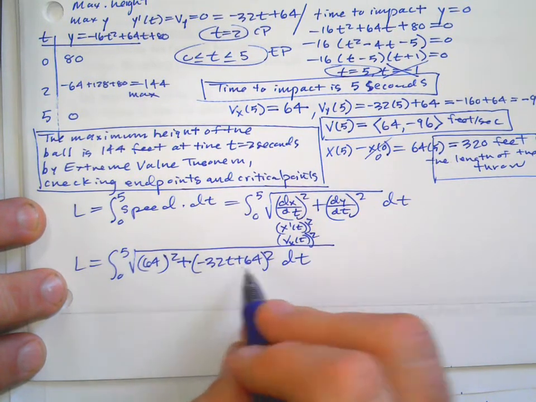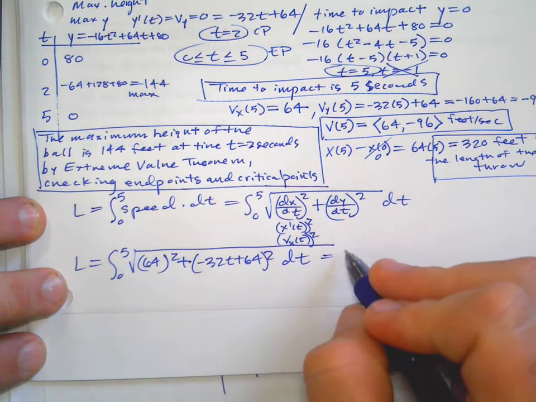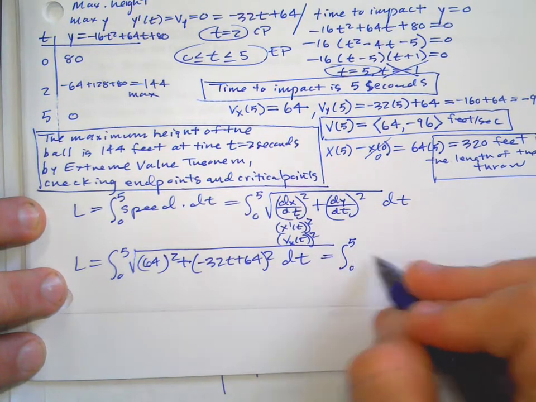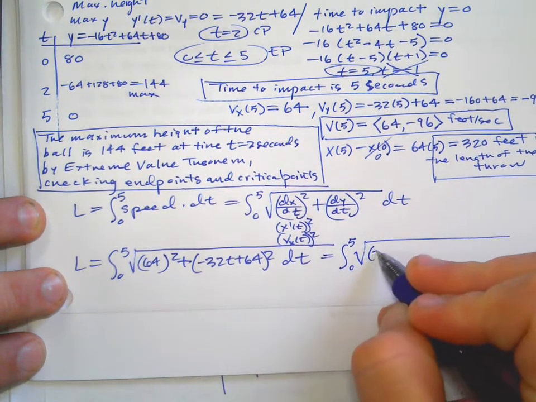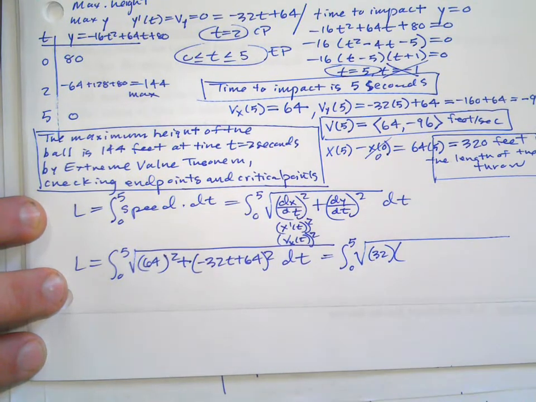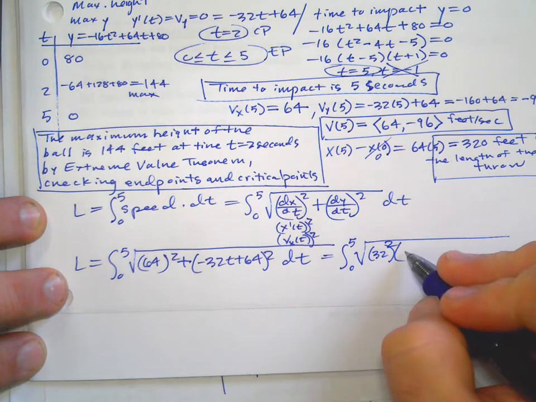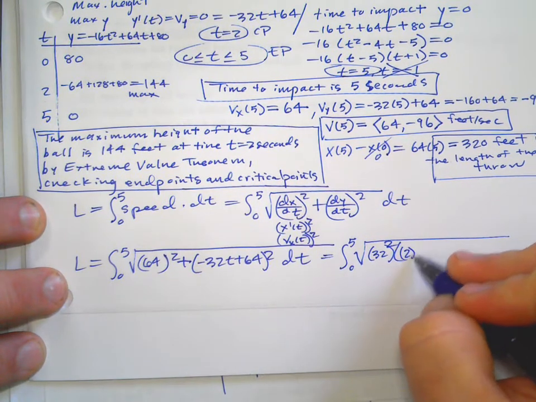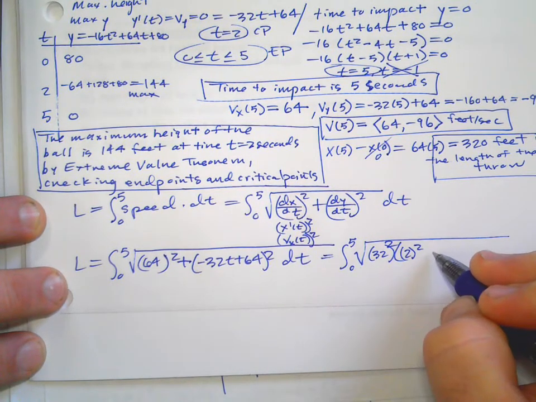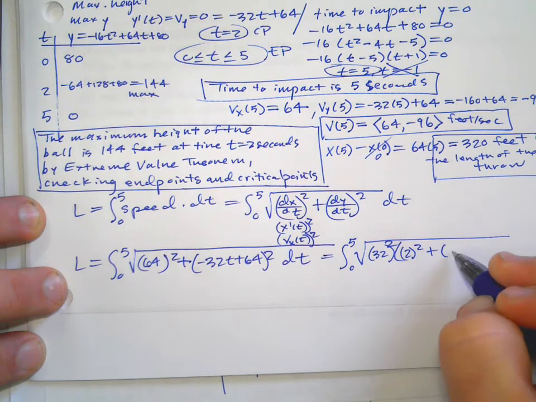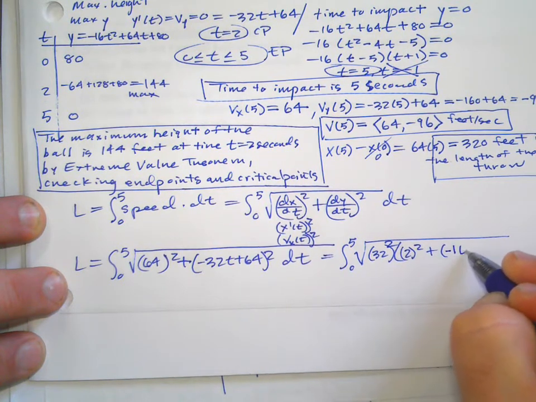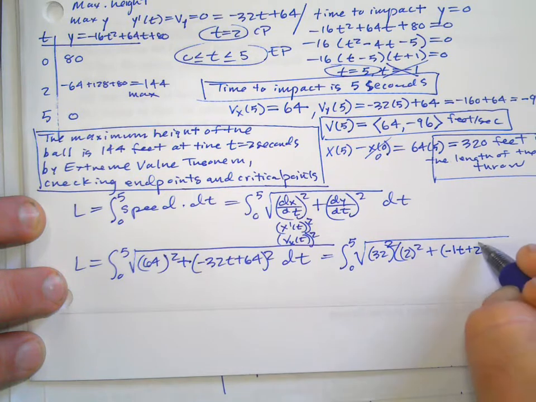We could take a 32 out of everything squared. I'm just trying to figure out how to make the number nicer. So 32 out, squared, would leave a 2 squared here, and then plus negative 1t plus 2 squared here, right?